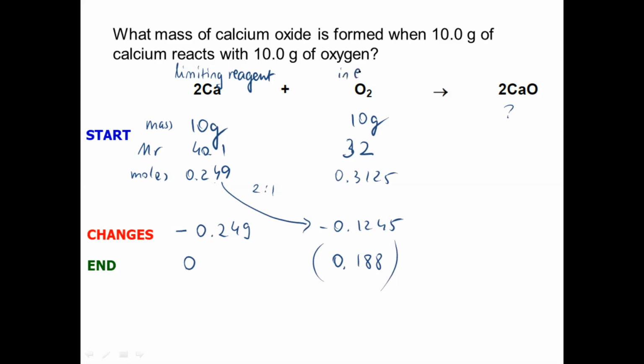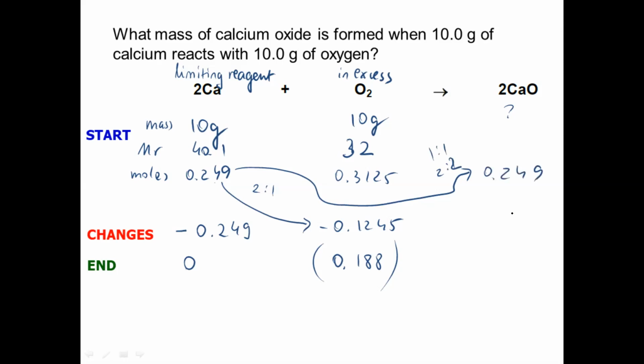So this one is in excess, and the one that's in excess we're not going to use for the calculation. We're going to use the one that fully reacted. And the ratio is 2 to 2, which is the same as 1 to 1, so that's 0.249.